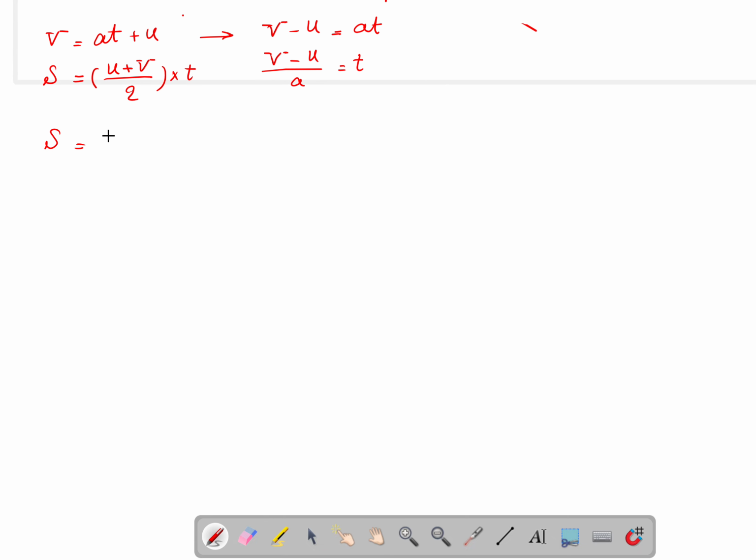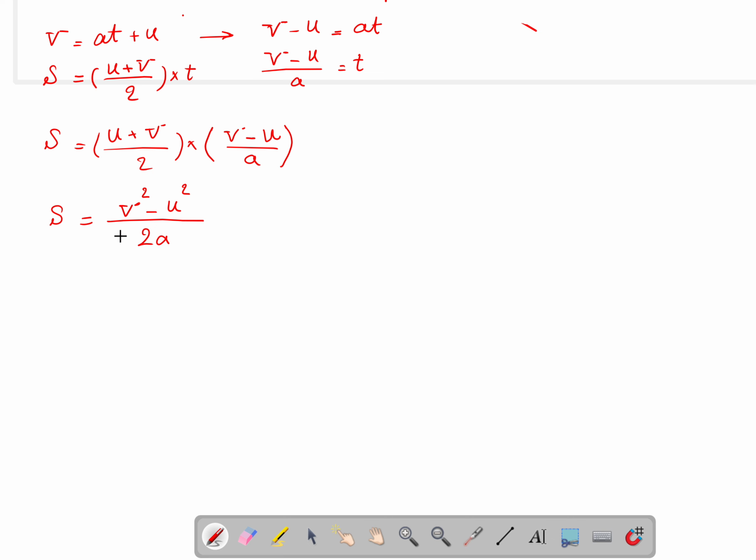Okay, let's do that. S equals u plus v divided by 2 multiplied by v minus u divided by a. So v minus u multiplied by u plus v, or you can write v plus u here. So it will be v power 2 minus u power 2 divided by 2 multiplied by a.